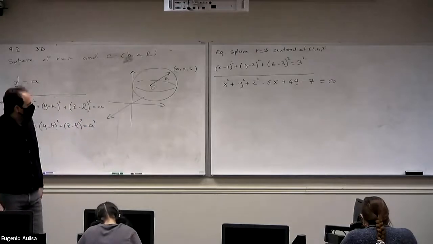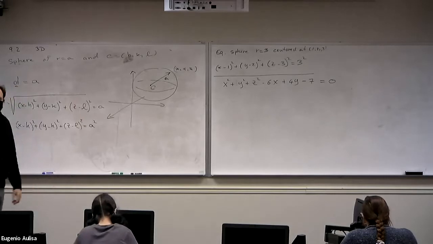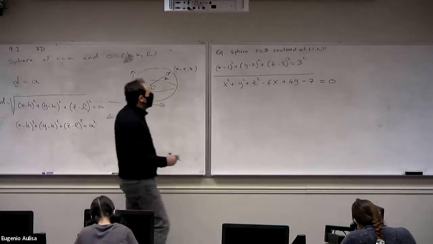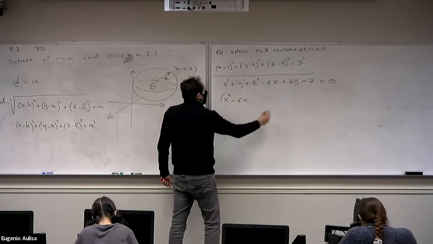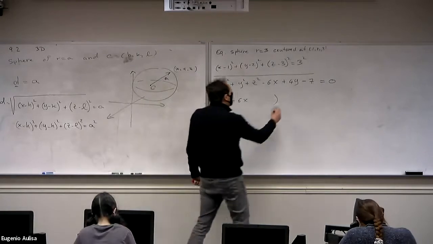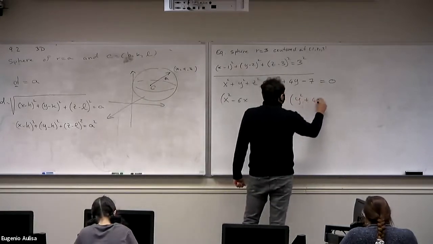As you did in Calculus 1 analytical geometry, what you do is the procedure of completing the squares, right? So what do you need to do? You need to group together all the x terms. You need to group together all the y terms.